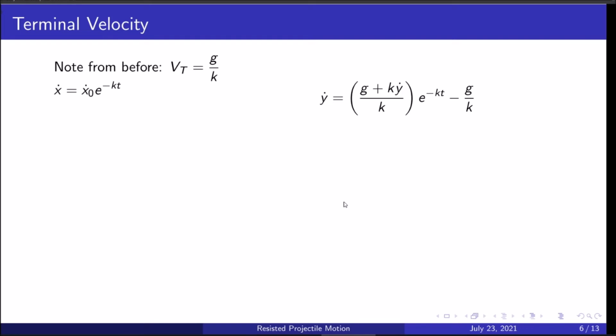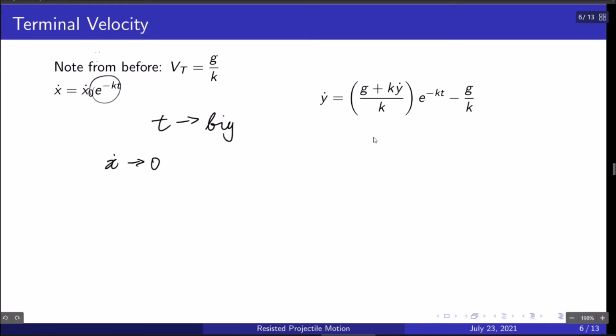So as you can see here, from these two expressions, as t gets really big, I'm not going to say approaches infinity because it's not that big, as t gets bigger, then x dot will approach 0, because this number will become closer and closer to 0 as we are approaching a huge negative power.